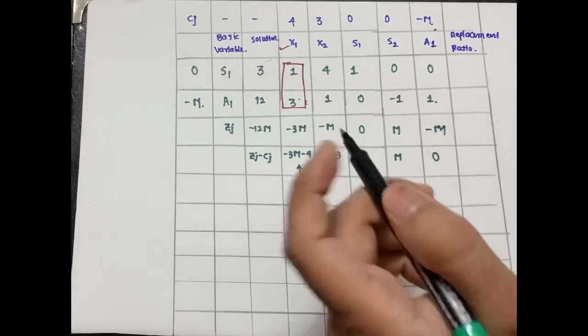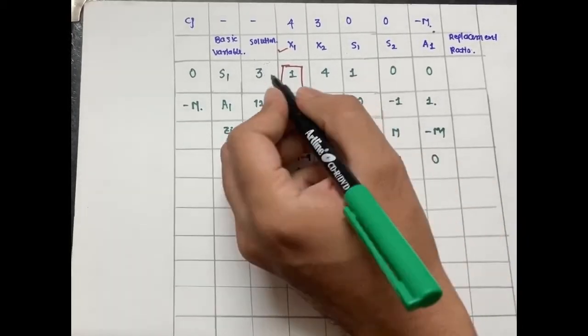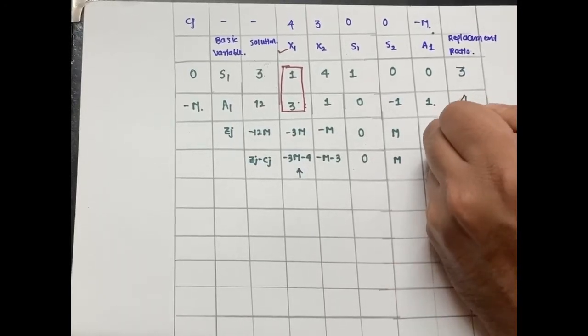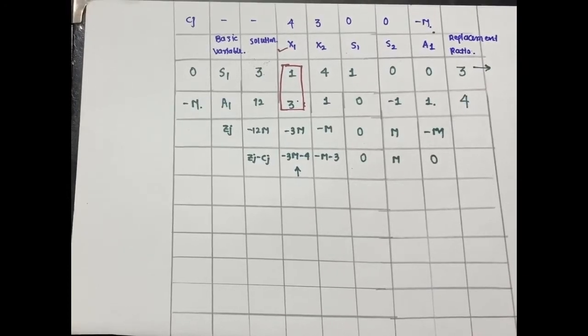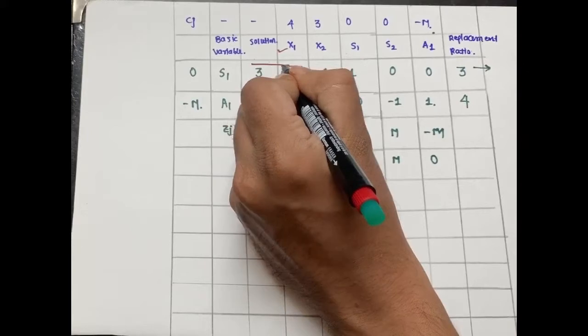Now to compute the replacement ratio for the outgoing variable, 3 divided by 1 is 3, and 12 divided by 3 is 4. It indicates that s1 is my leaving variable, and corresponding to this becomes my key row.